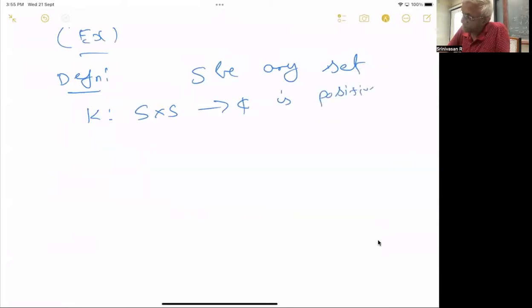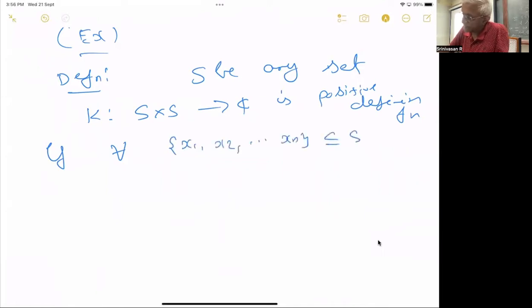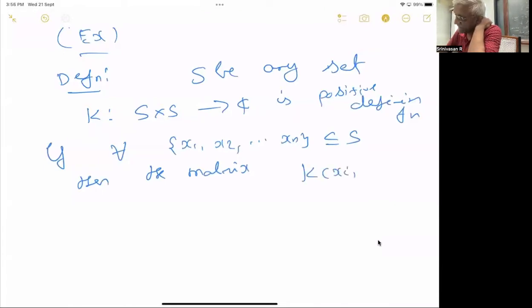This is the definition of positive definite function. A function is positive definite if, for all finite subsets x1, x2 up to xn of S, you can define a matrix K(xi, xj). K is a function, so each entry is a complex number.